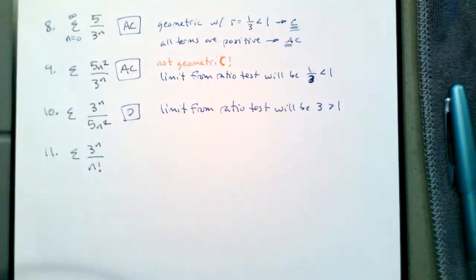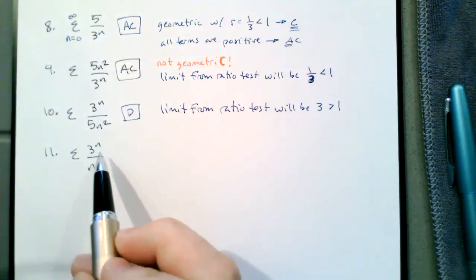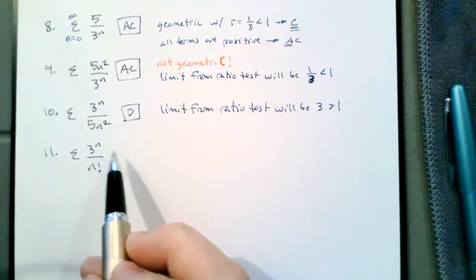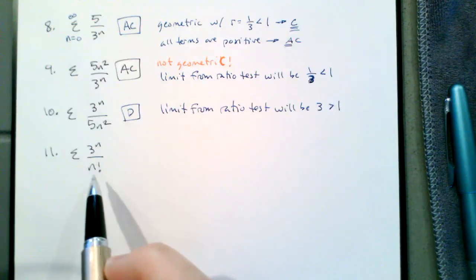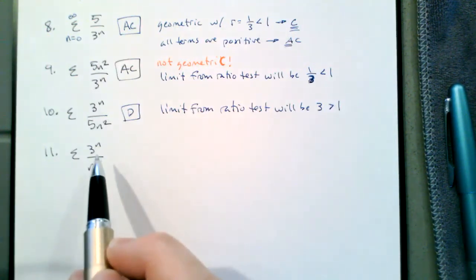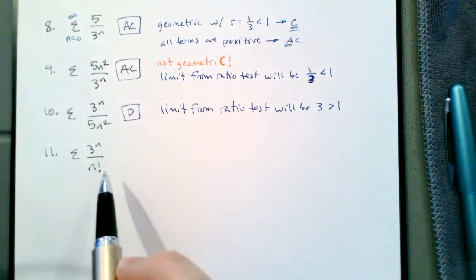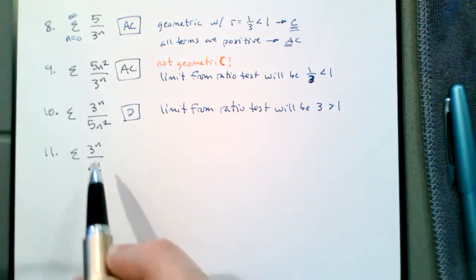And in the numerator, we might have a billion copies of 3, but we'll also have a billion factors down in the denominator. In the denominator, we have a billion factors, almost all of which are greater than 3.